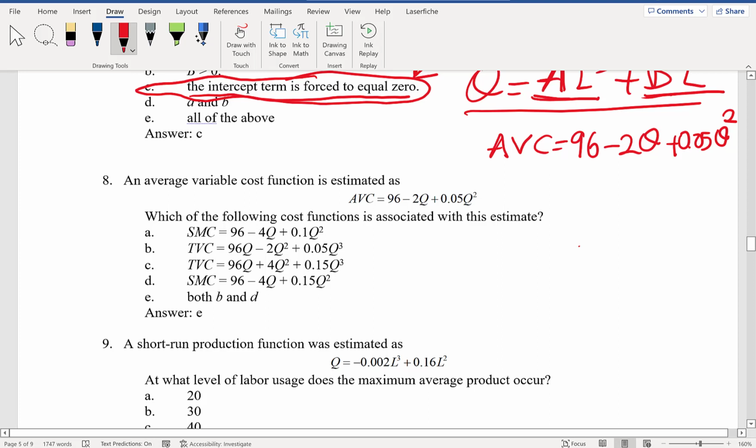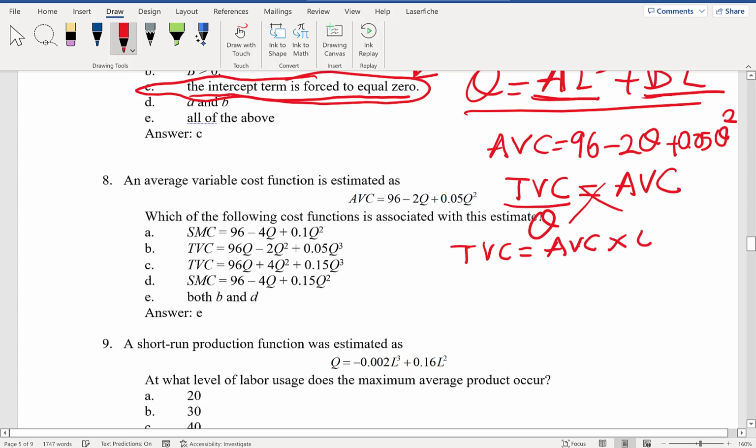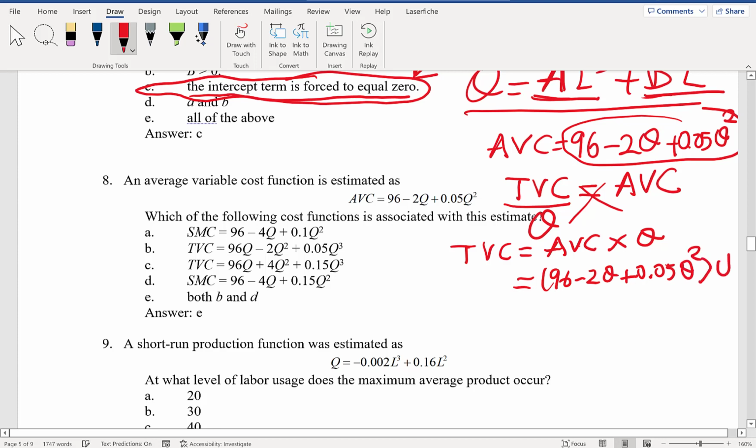Look, I'm just going to work on it. So total variable cost, let's find total variable cost. Actually, I'm going to go from reverse. Average variable cost is total variable cost divided by Q. So if you do cross multiplication, then total variable cost is going to be average variable cost times Q. So if you multiply the whole thing with a Q, let's do it. 96 minus 2q plus 0.05q raised to the power 2 times q.